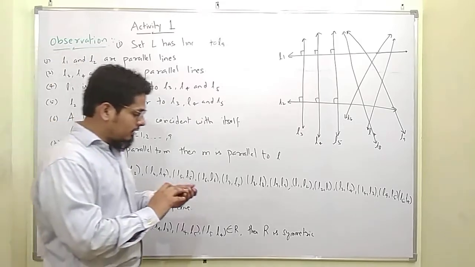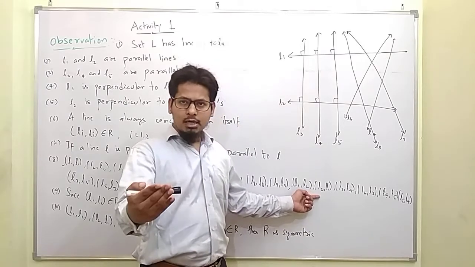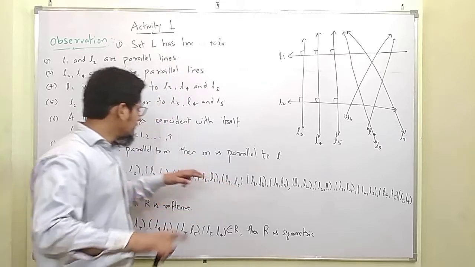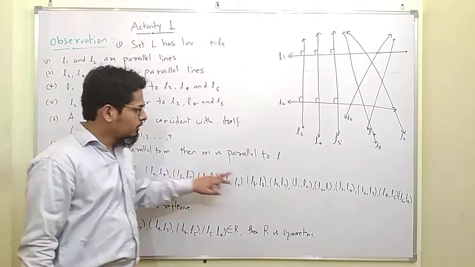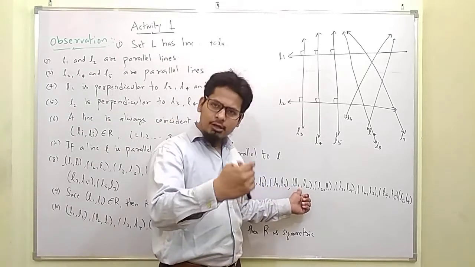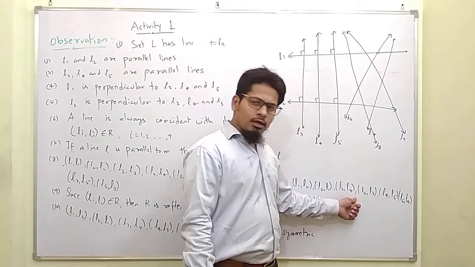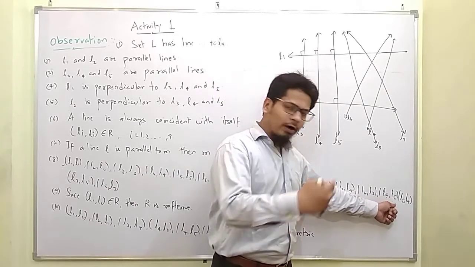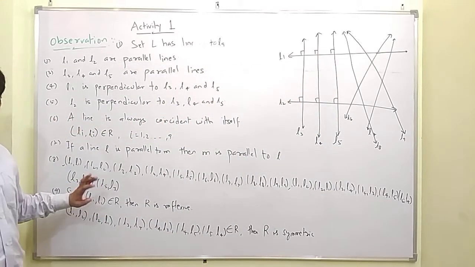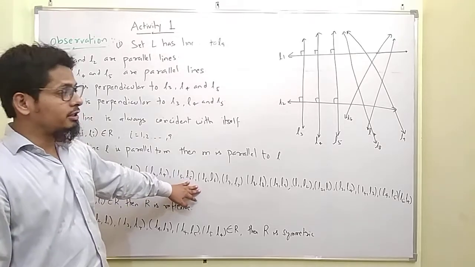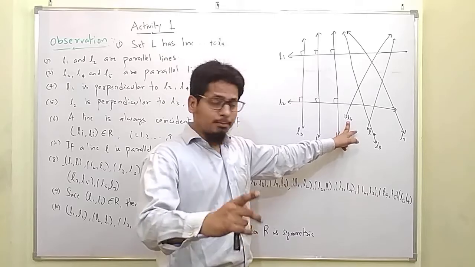After this it starts here with L1 and L2. How do I mention it? According to this condition, if line L is parallel to M, then M is parallel to L. So L1 is parallel to L2, then L2 is parallel to L1; L3 is parallel to L4, and L4 to 3, 4 to 5, 5 to 4, and 3 to 5. I did not mention it for all the lines, because we cannot write L6 is parallel to L5.